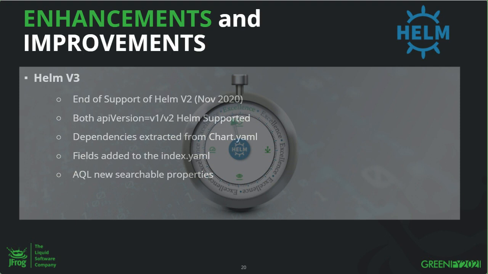The main change was that the dependencies are now extracted from the chart YAML for the V2, instead of being hosted in the requirements YAML as for the Helm V1 charts.